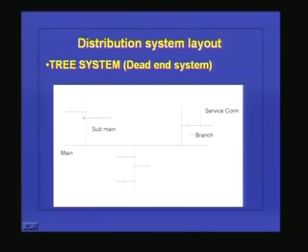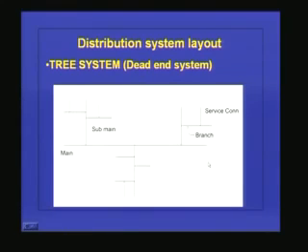Like I have a branch here, a branch here, and from the branch it gets divided into what we call a service connection. In this tree system, the water always flows in one direction. Like here, the water is flowing in this direction, and I have dead ends at the end of the system. So that is why it is also called a dead end system.